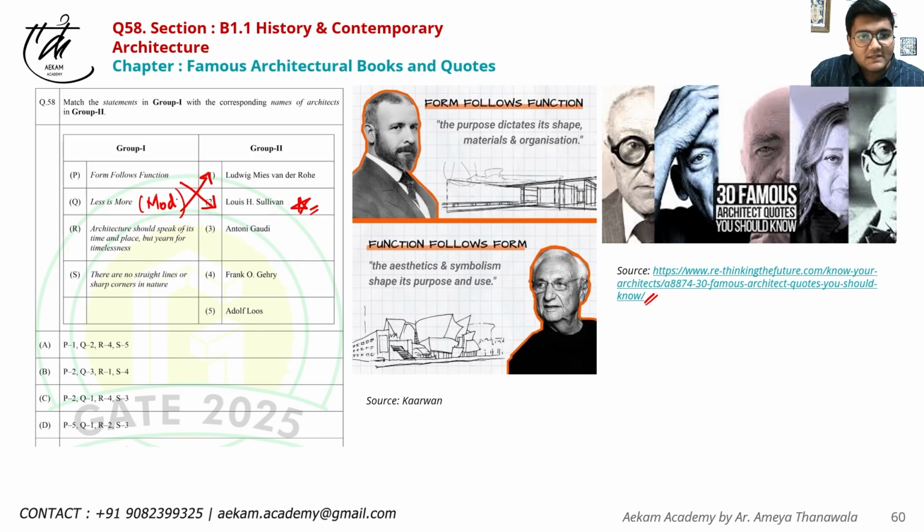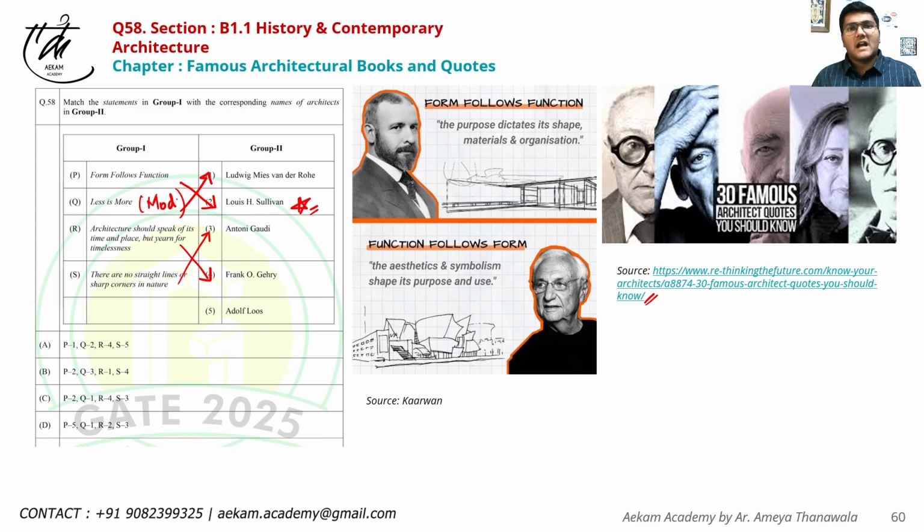Then architecture should speak of its time and place, but yearn for timelessness. This is from Frank Gehry. There are no straight lines or sharp corners in nature. This has to be from Antoni Gaudi. We know Antoni Gaudi. He is a Spanish Catalan-based architect, and we all know Sagrada Familia, a very historic landmark which has recently been completed.